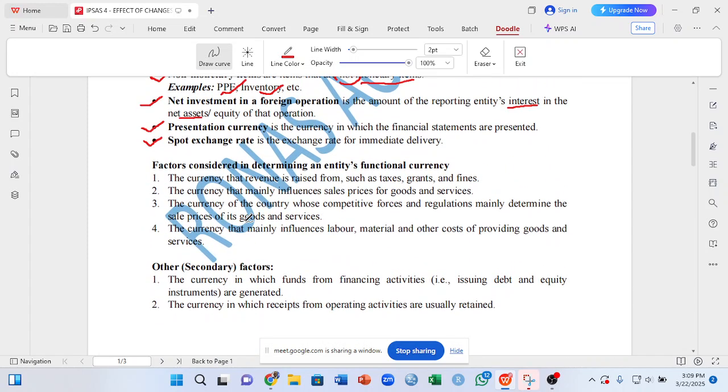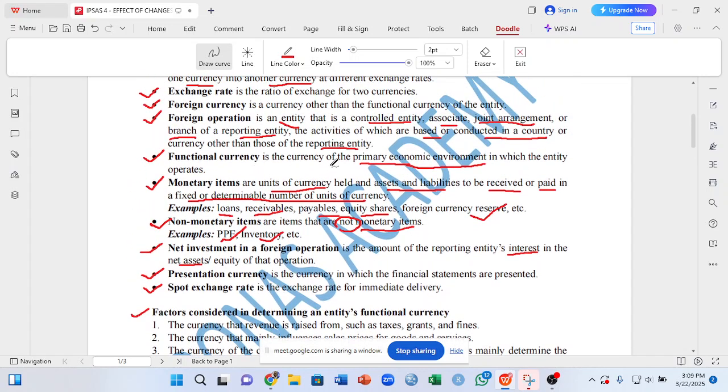Now, for theoretical sake, we can ask you certain questions pertaining to the standard. What are some questions that you may be asked? Factors you consider in relation to functional currency. If you quite remember, we said functional currency here is the currency of the primary economic environment of the entity.